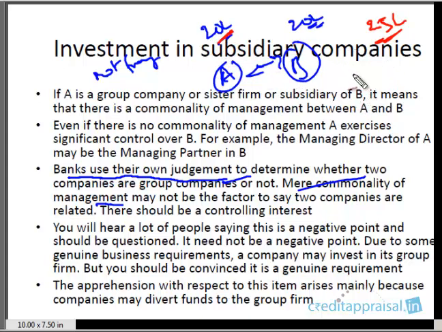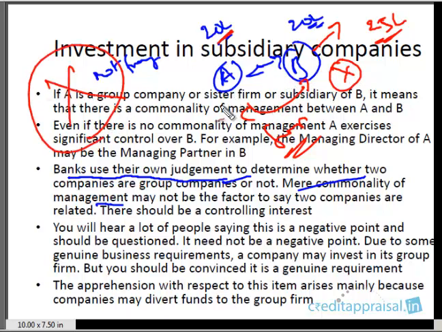Now he cannot sanction this. So even though he knows these two are group companies, he will record it as not a group company. He will sanction it as a separate entity, keeping silent on the fact that these two are group companies. They will not record this in the process. This is not at all a good practice.